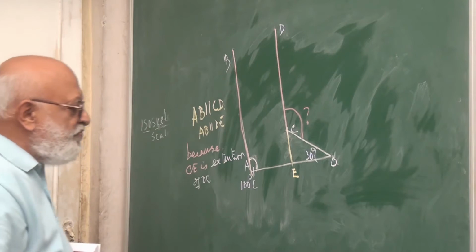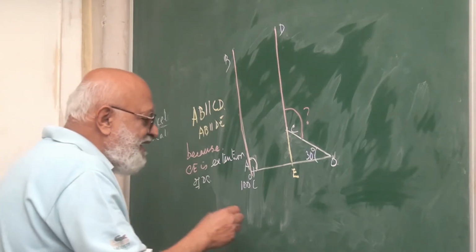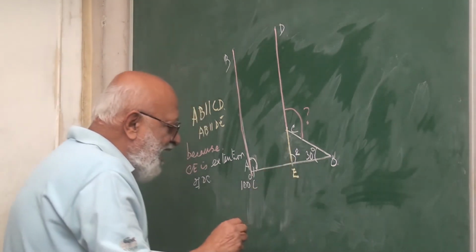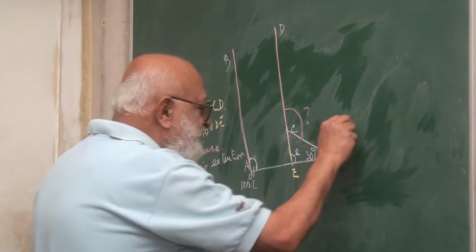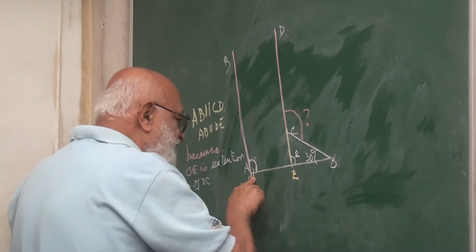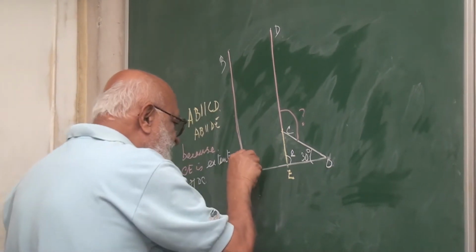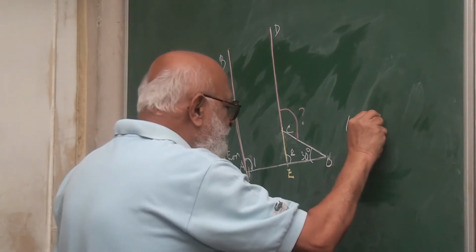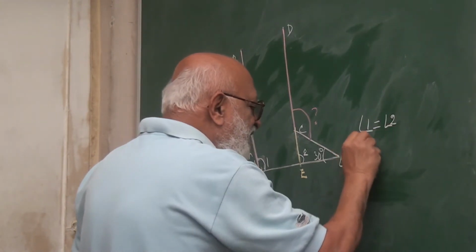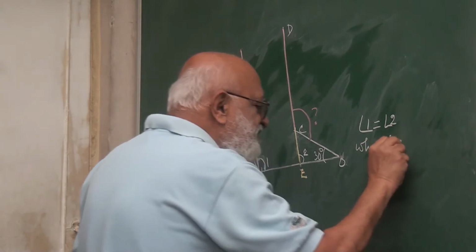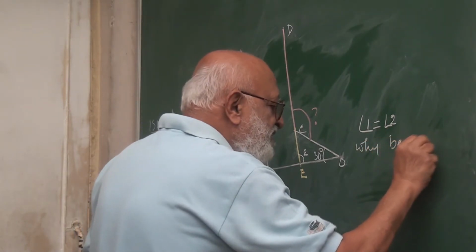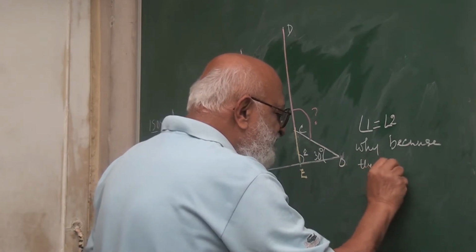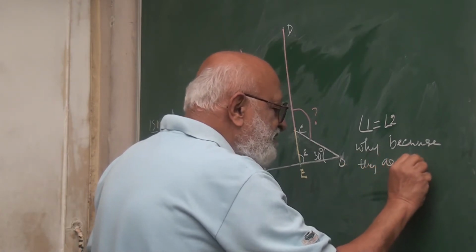As soon as you do this, if I call this one angle 1 and this one angle 2, angle 1 is equal to angle 2. Why? Because they are corresponding angles.